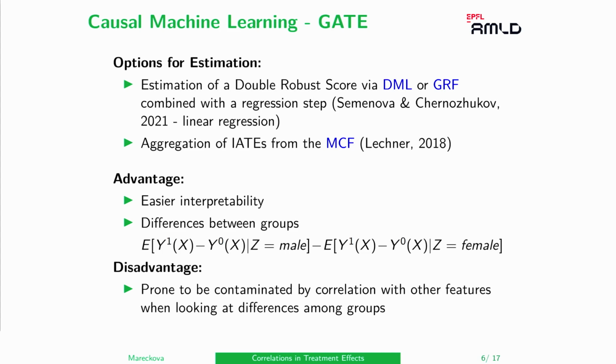Well, there is a price to pay for this little advantage, and the big disadvantage is that these results are prone to be contaminated by correlation of, in this case, gender with other variables.